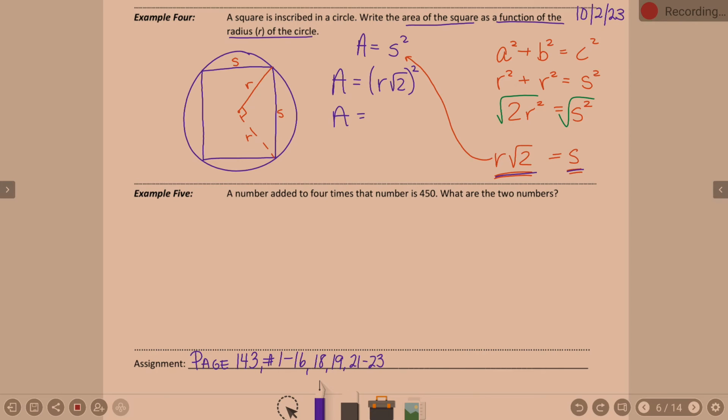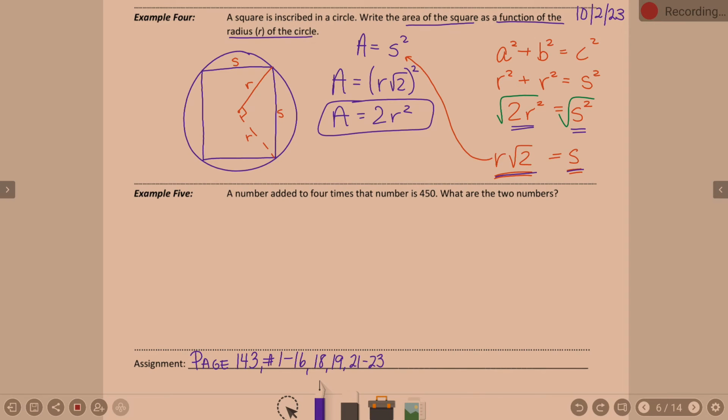When you take R and square it, you get R squared. When you take the square root of 2 and square it, you get 2. So 2R squared. And notice, folks, what did we have up here? We had actually found S squared equals 2R squared. You could have stopped right there and subbed at that point.